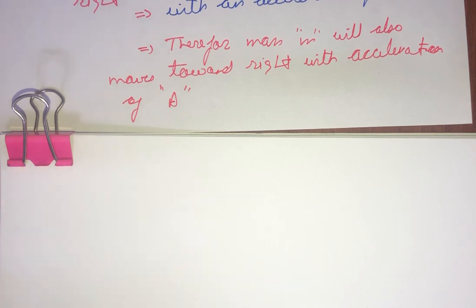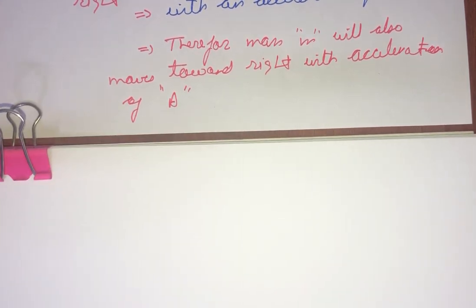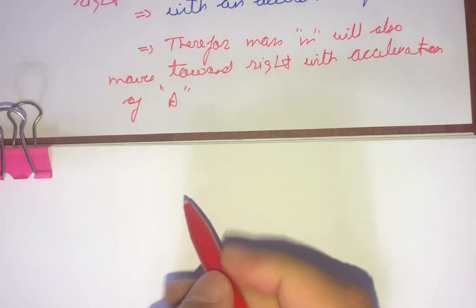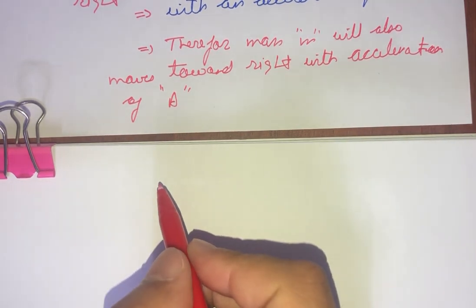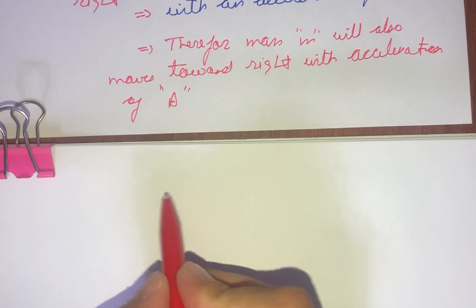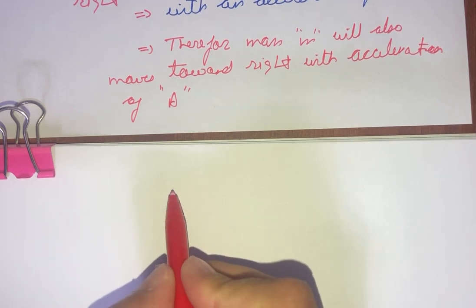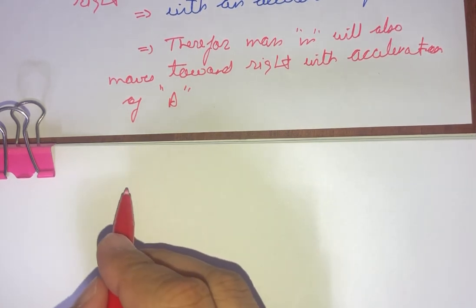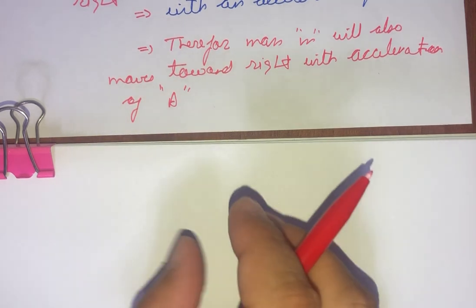Okay, let's find out the constraint relationship between the accelerations of mass capital M and small m. So we already discussed that the capital mass is going to move to the right.